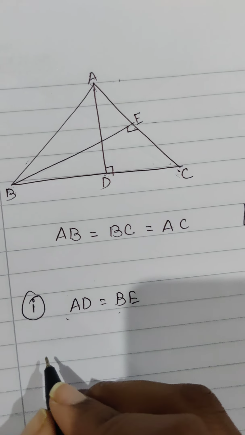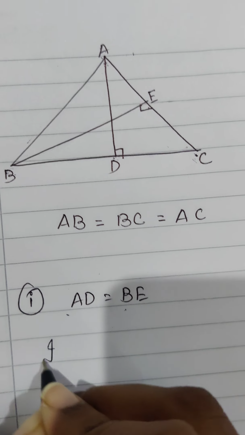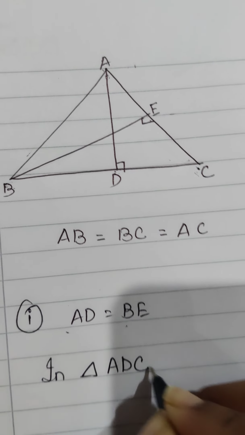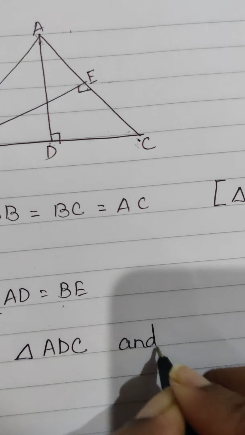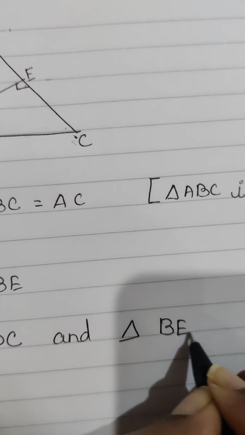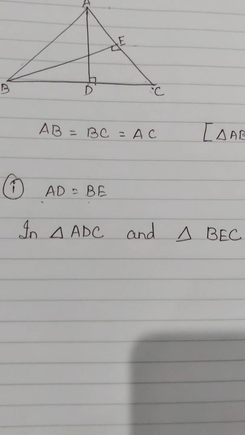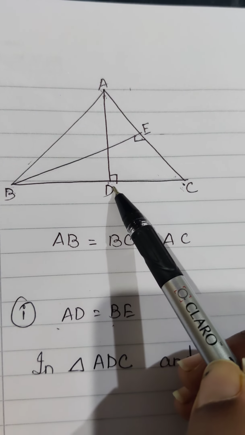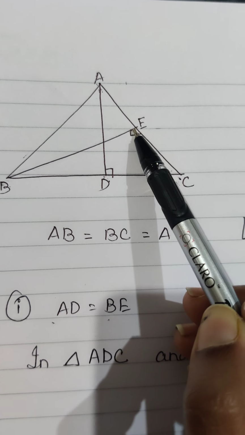Okay. So we'll write in triangle ADC and triangle BEC. Okay. So first of all, we can see here we have angle D as 90 degrees, angle E as 90 degrees.